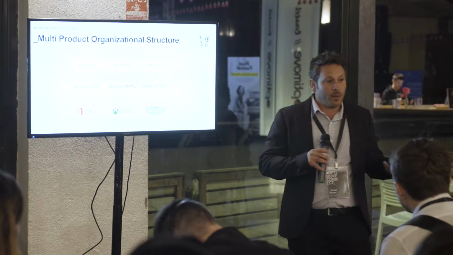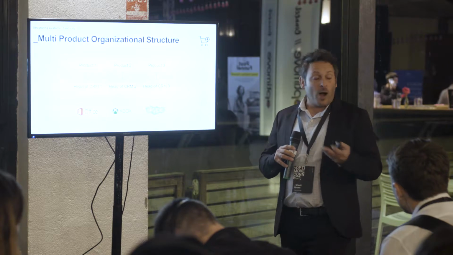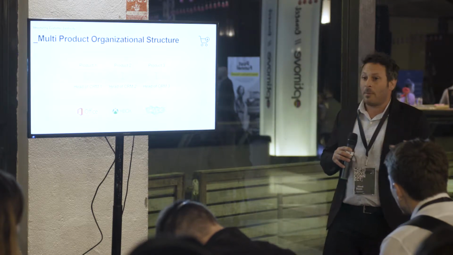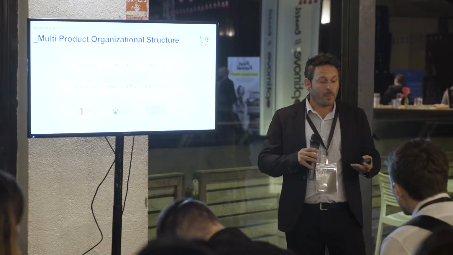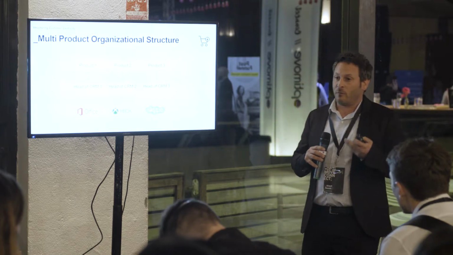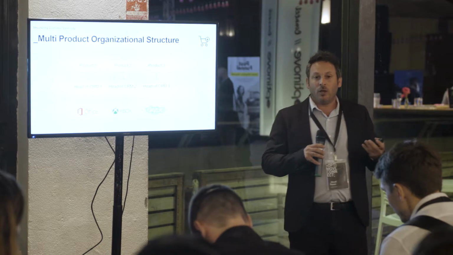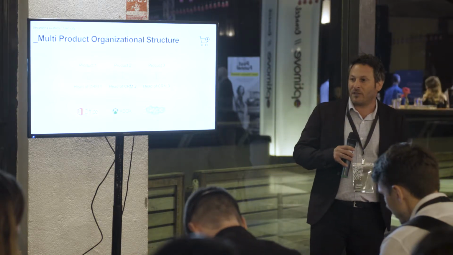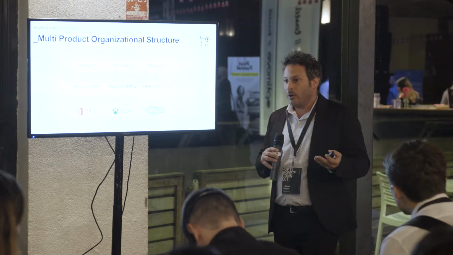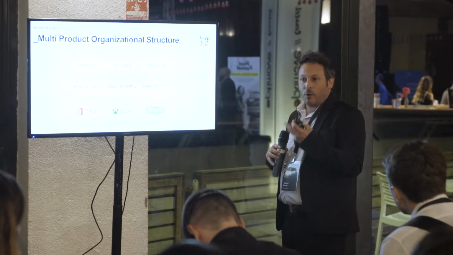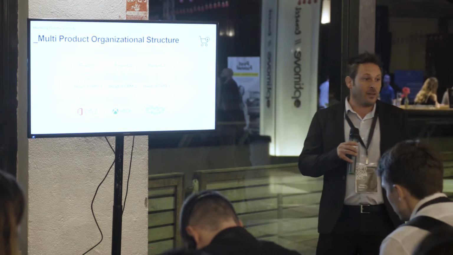Now, is this a problem? Microsoft thinks not. Why? First of all, the overlap between the customers is not that big, but also because when you are an Xbox customer or an Office customer, you consider yourself more of an Office customer than a Microsoft customer. So the products themselves are brands by themselves.